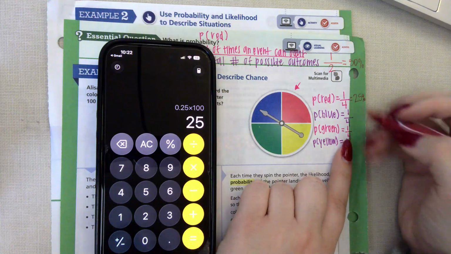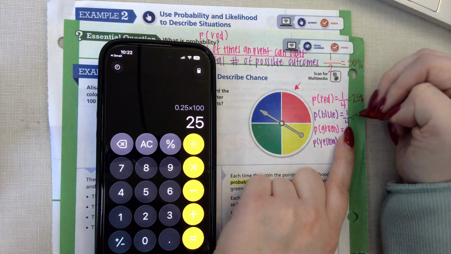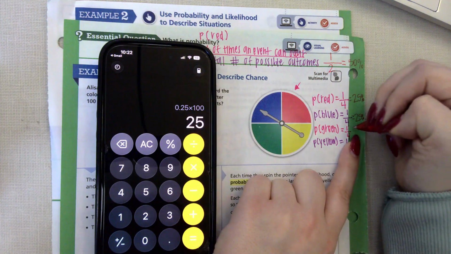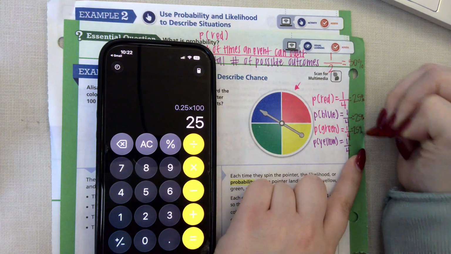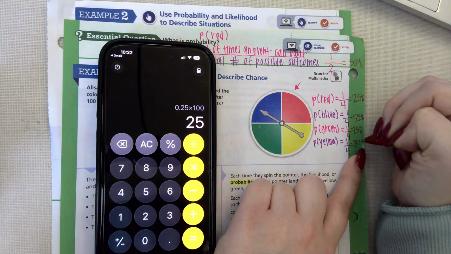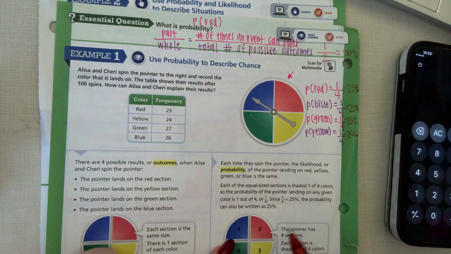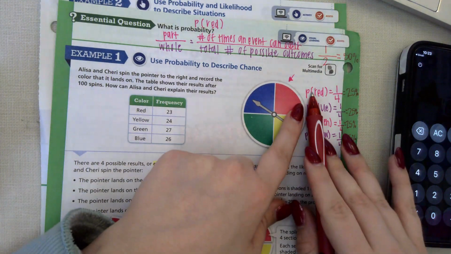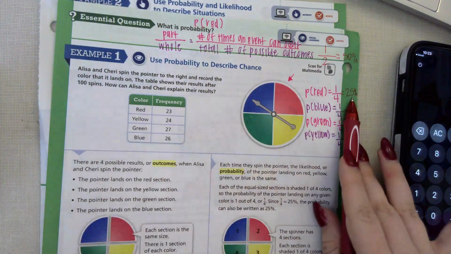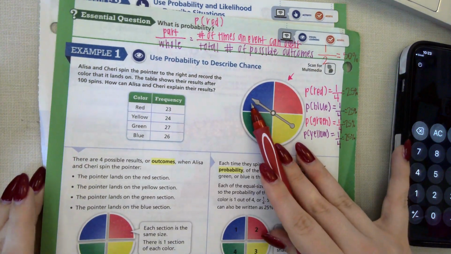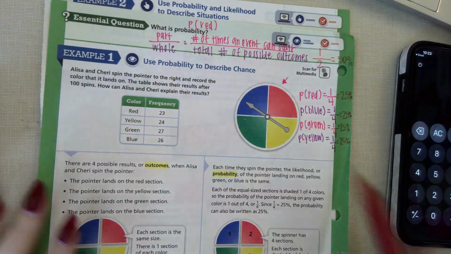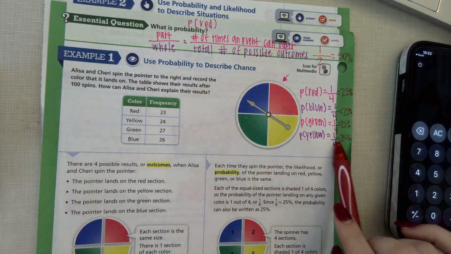Now, I know that 1/4 is 25%, so each of these have a 25% chance of this happening. So I need to know that the probability of landing on a red is 1/4 or 25%. The probability of landing on blue is 1/4 or 25%. Green is the same and yellow is the same.